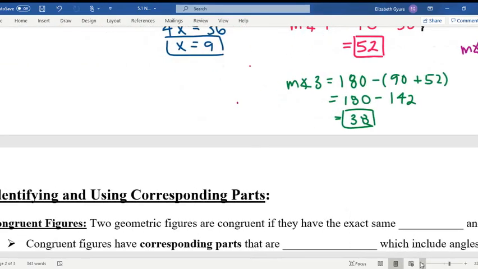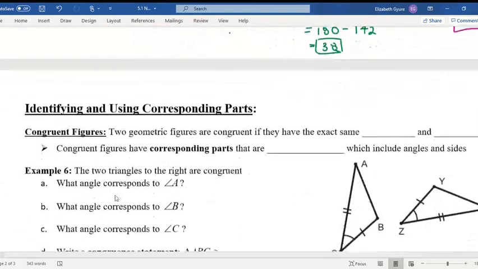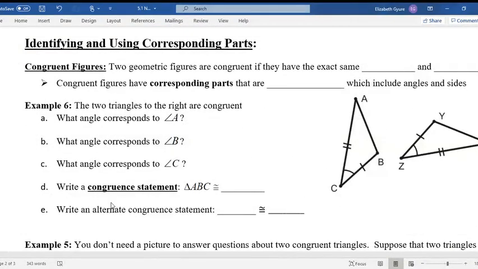So the last thing we're going to talk about today is identifying and using corresponding parts. Corresponding is a fancy word for matching. One of the big ideas this chapter is congruent triangles or congruent shapes in general.